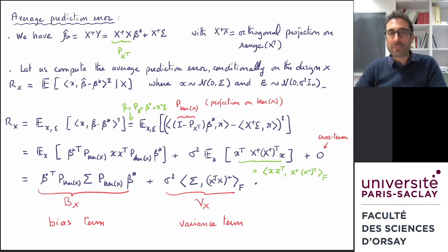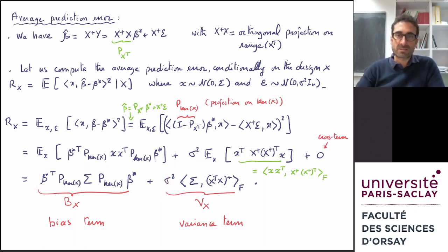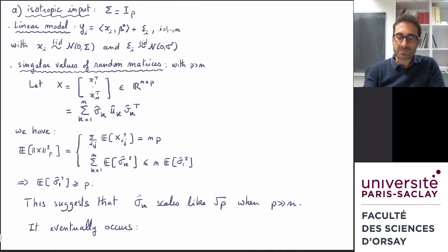All right, so here we have a general formula for our Gaussian setting for the risk, where we have two terms. We have this bias and we have this variance. And we try to understand how they behave in some simple cases. The first case that we will investigate is the isotropic case, where the covariance is equal to identity.